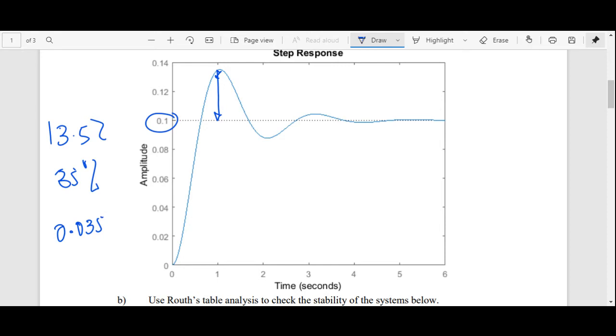Okay. So that divided by 0.1, multiplied by 100. How much do we get? So it should be 0.35.